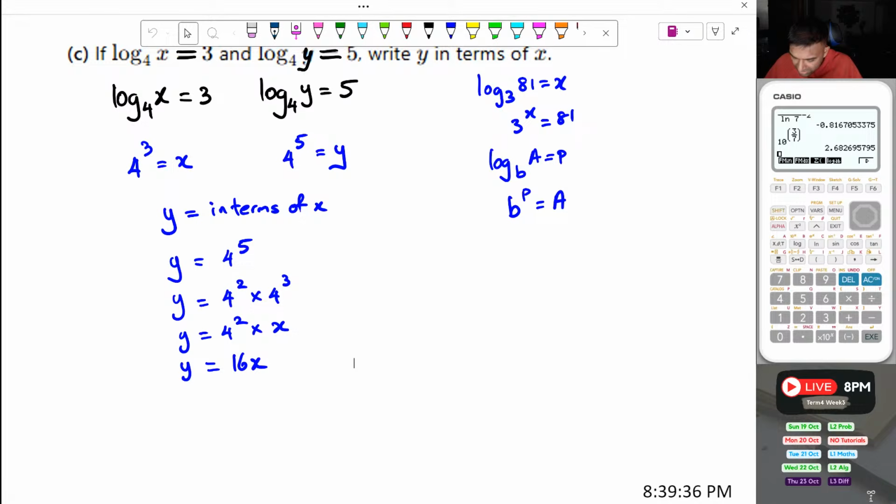Because I think the last one, it actually said y is equal to x to the power of 5 over 3. Why did it say 5 over 3? Ooh, this is a nice one. All right, let's try this one here.